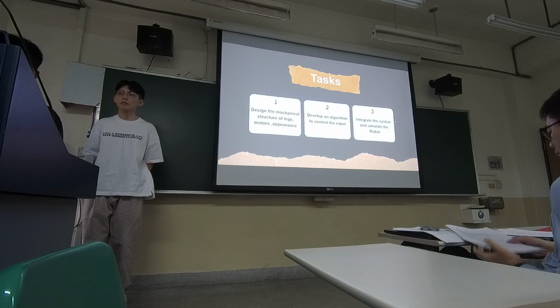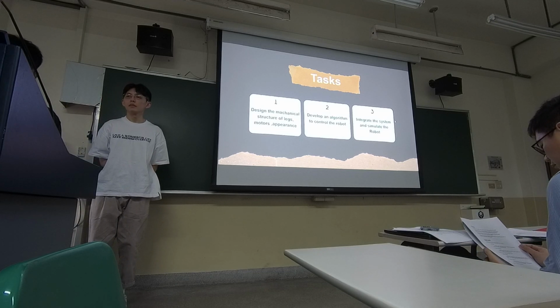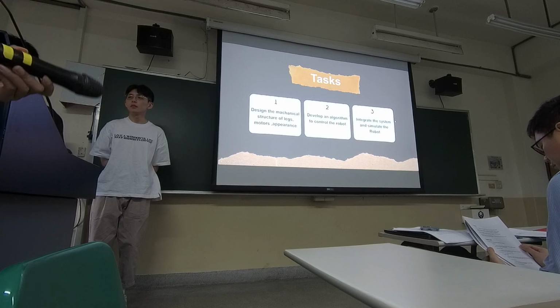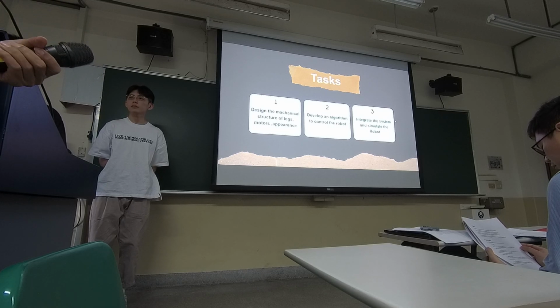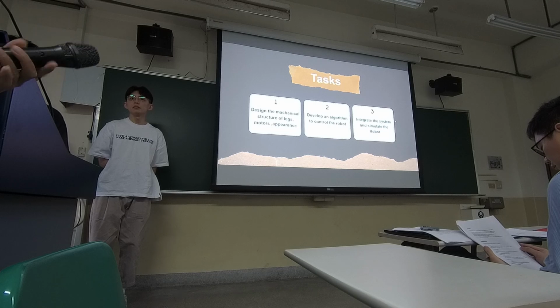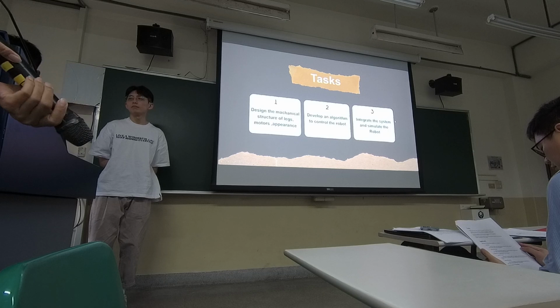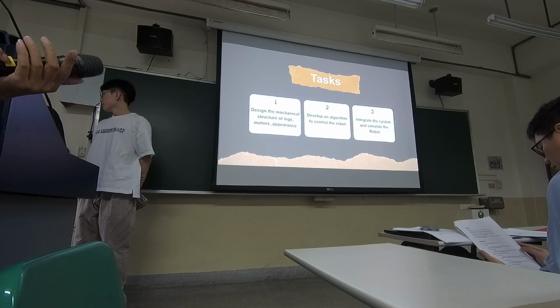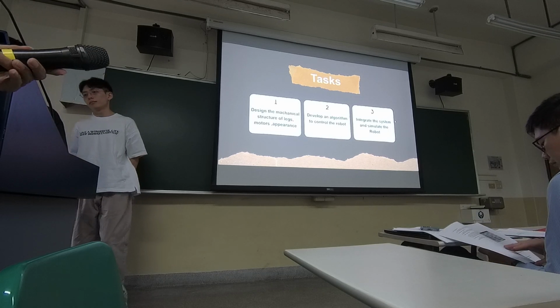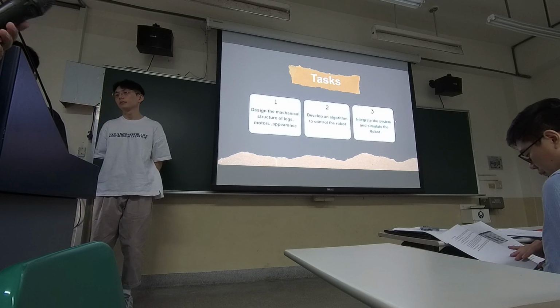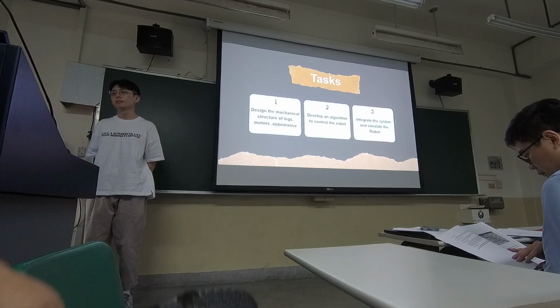The second task is to develop an algorithm to control the robot. This algorithm will help manage movement, obstacle avoidance, and balance control. Lastly, we will integrate the system and simulate the robot to test how well it performs and make any necessary adjustments for improvement.